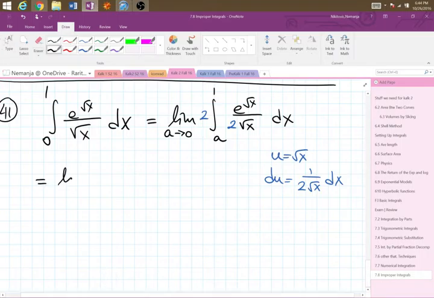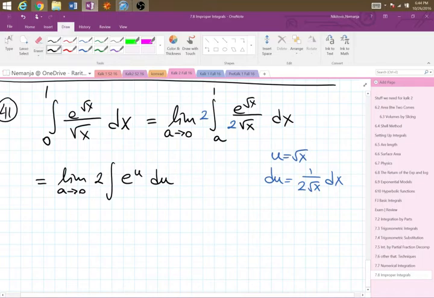Now we get the limit as a goes to 0 of 2 times the integral. The entire thing over here is going to be du, so we have e to the u du, and that's it. We good?